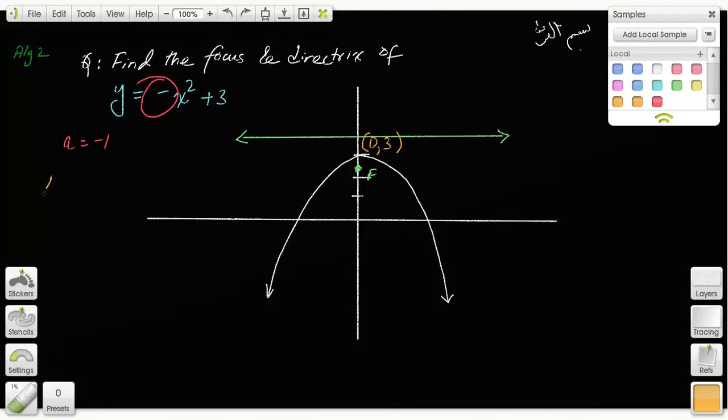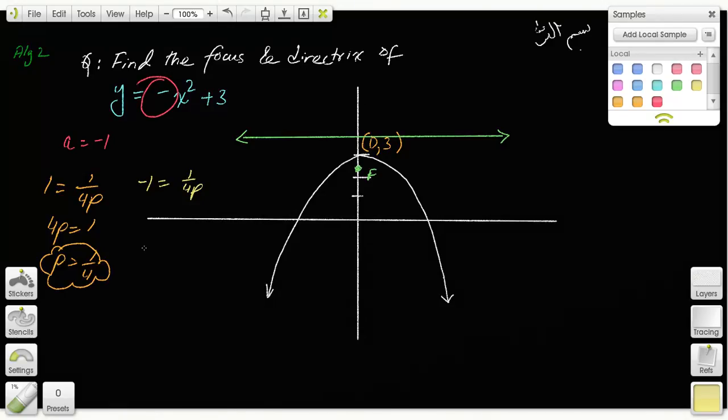So if you just take 1 is equal to 1 over 4p, and then cross multiply, p is equal to 1/4. Now this works as well. Now if you didn't do the absolute value, you say negative 1 equals 1 over 4p, and then you get p is equal to negative 1/4, and that's fine. And you recognize that from there to there, you have to subtract a quarter.